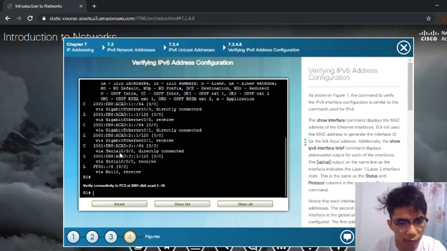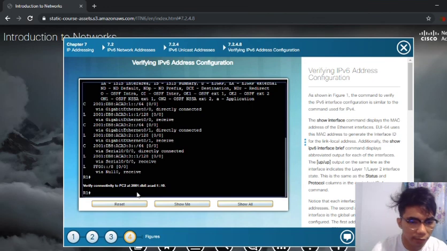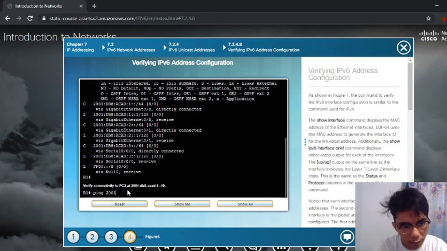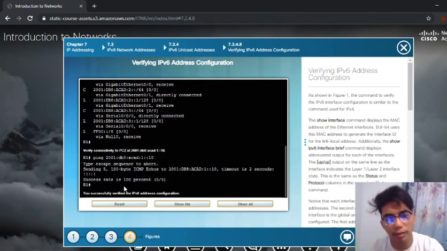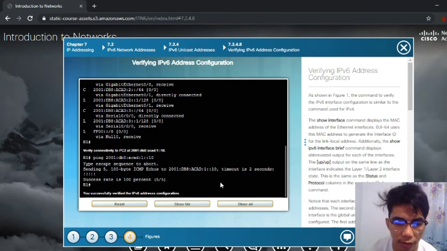Then we are going to ping. Ping is used to test the connectivity of the device. And as you can see, success rate is 100% and it echoes. And as you can see, we've verified the IPv6 configurations.